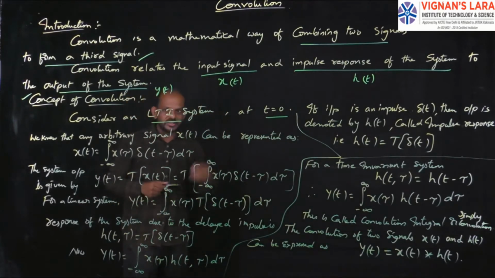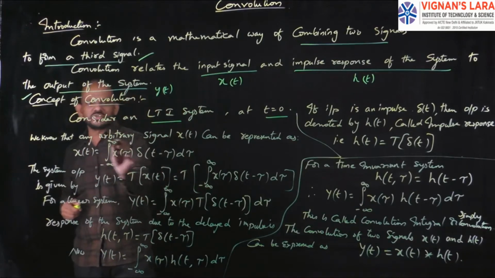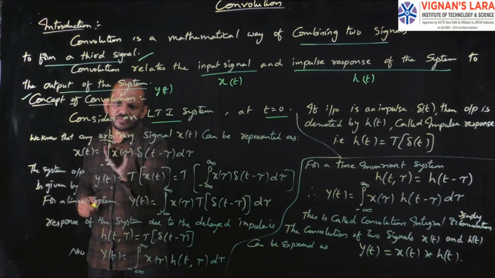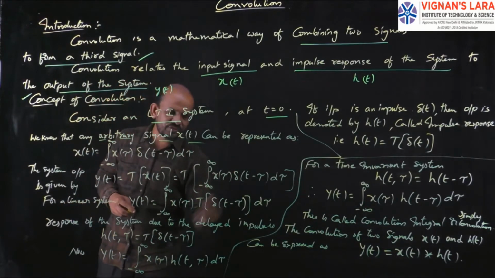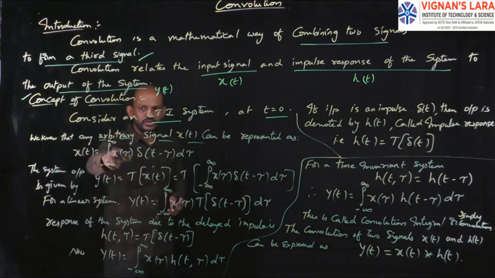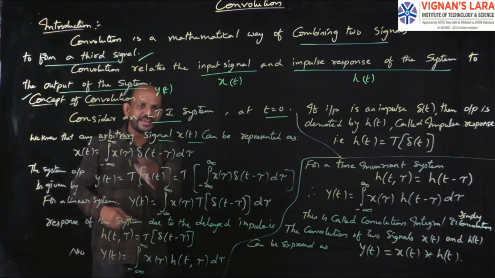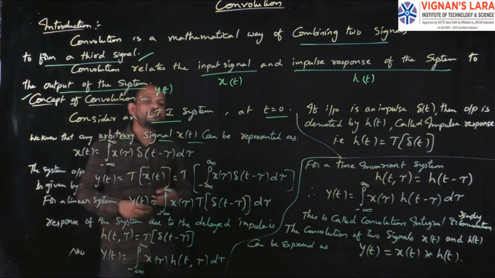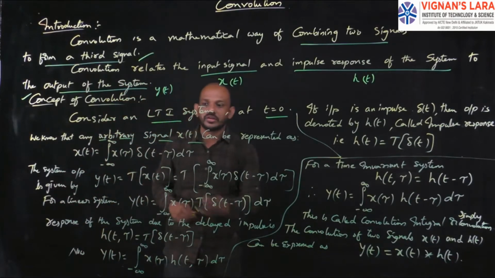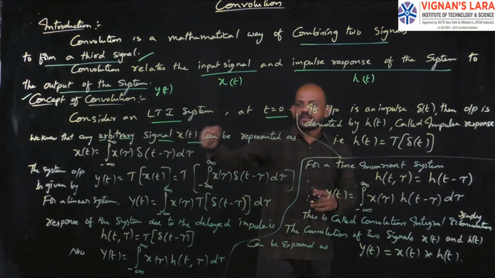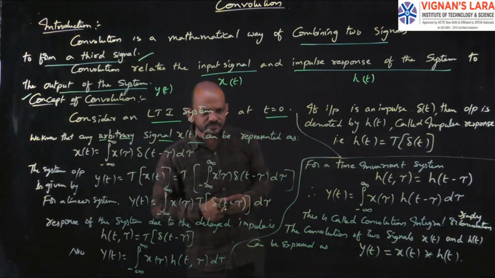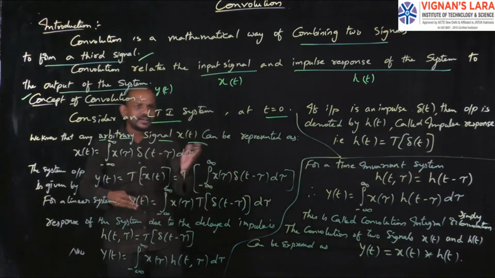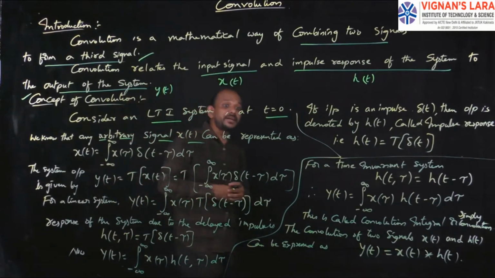Now we all know that any arbitrary signal x of t can be represented as x of t equal to integral from minus infinity to infinity x of tau del of t minus tau d tau. Here del of t minus tau d tau is nothing but the delayed impulse input.